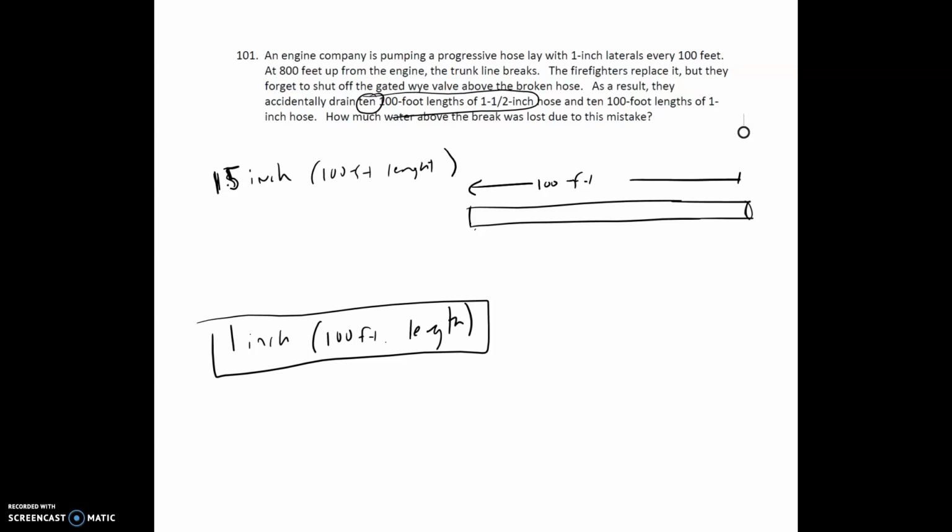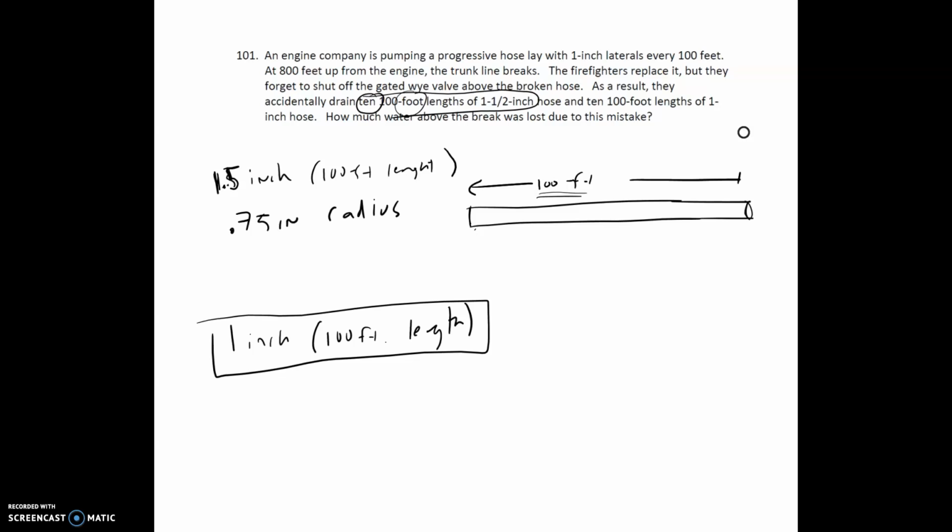So here's the conversion. If it's 1.5 in diameter, then that means it's 0.75 inches in radius. But we need it to be in feet because one dimension is in feet, and previously in the homework assignment it gives you a conversion of cubic feet to gallons, which we'll have to do later.